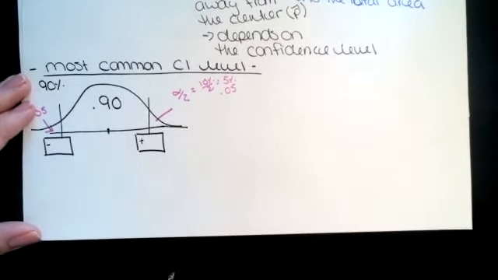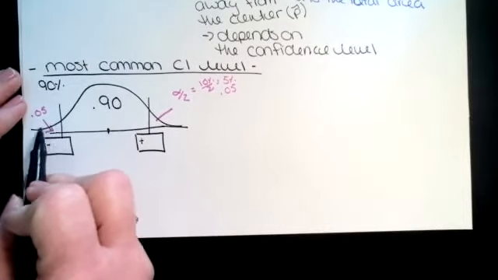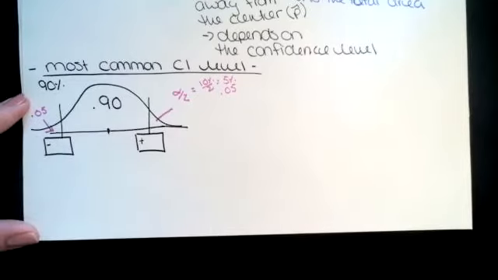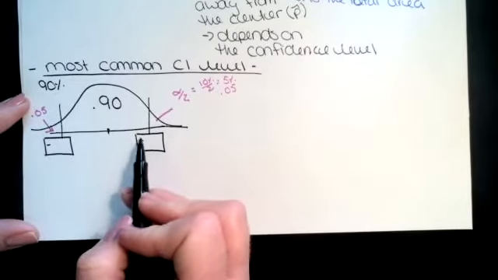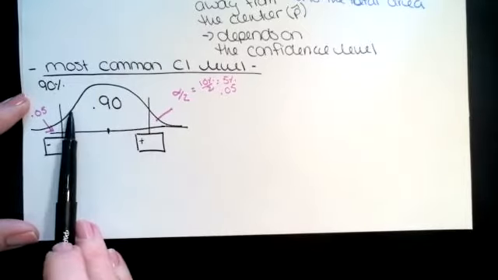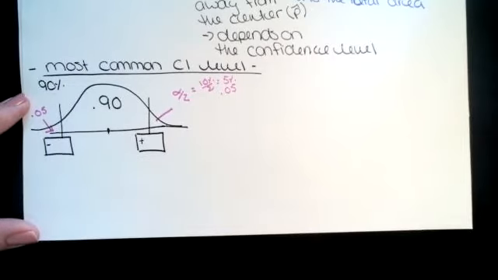Okay. So what I'm looking at is what this number is when the area in the tail to the left is 5%, 0.05. Or I can say, what is this value here when the area to the left of this value is 90 plus 5, so 95%. You see that?